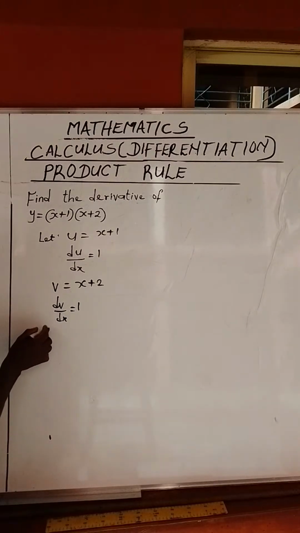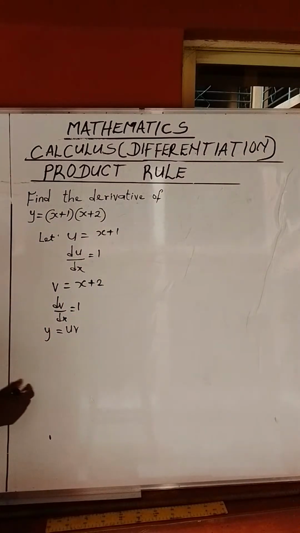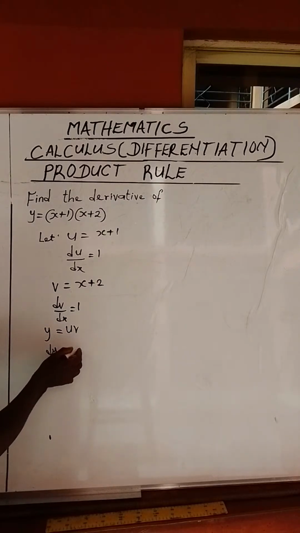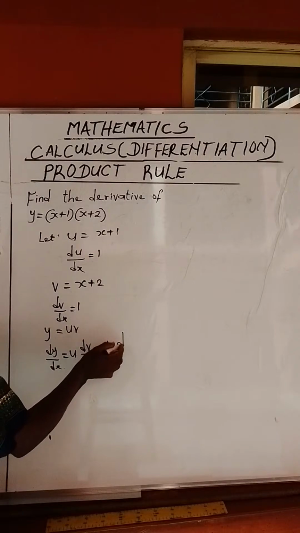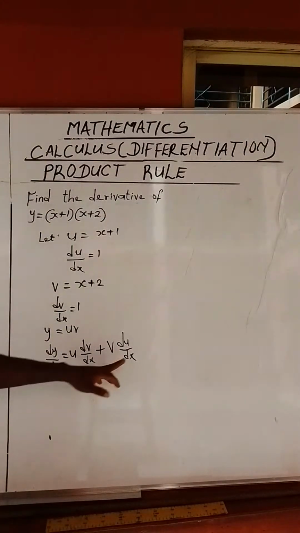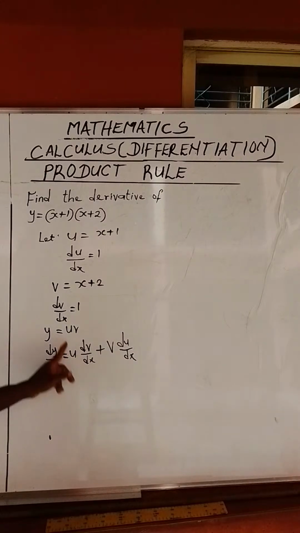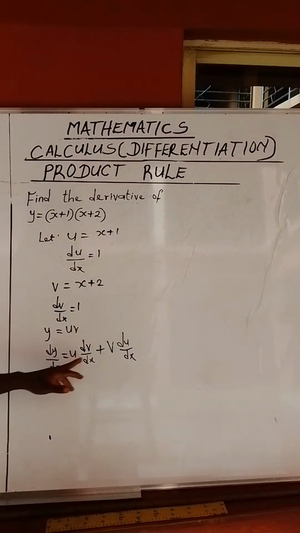If we have y equals uv, in which case the first one here is our u, while the second one here is our v, then it implies that dy/dx from the product rule is: we keep u, then dv/dx, plus v and du/dx. Here we keep the u, differentiate the v, then plus we keep the v and differentiate the u. Now we are going to pick each of them.